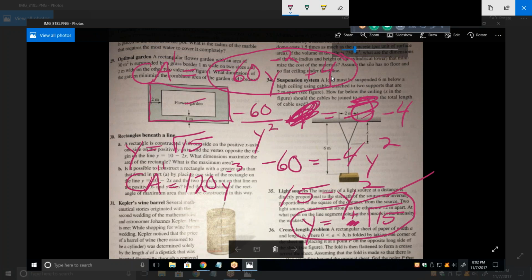And what dimensions of the garden? Well, y is square root of 15, which means x times y has to equal 30. So x is going to be 30 divided by the square root of 15.